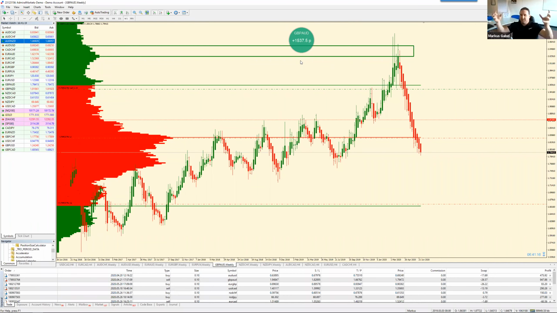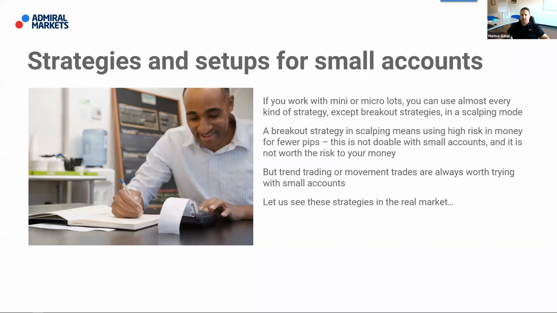You know, penguin factor. And this is really important, guys. So you can see how it works on a small account. If you work with mini or micro lots, you can use almost every kind of strategy, except a breakout strategy in a scalping mode. That's not possible, because a small account is not made for it.